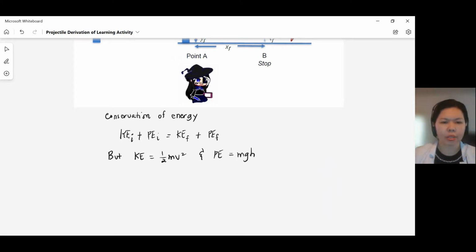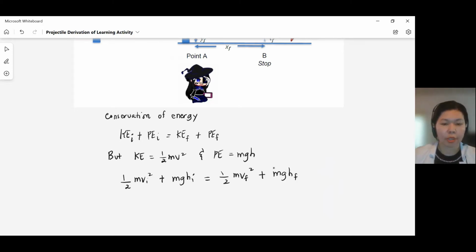So we write explicitly this equation: 1/2 m v initial squared plus PE initial, mg h initial, equals, right side of the equation, KE final 1/2 m v final squared plus PE final, mg h final.